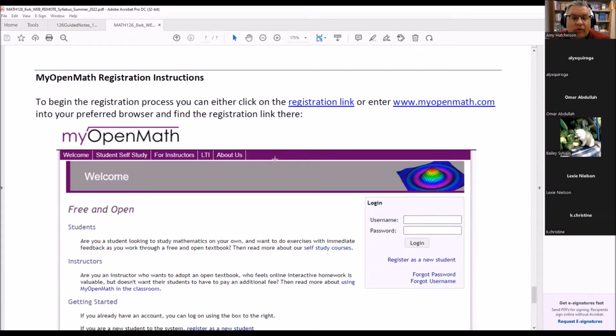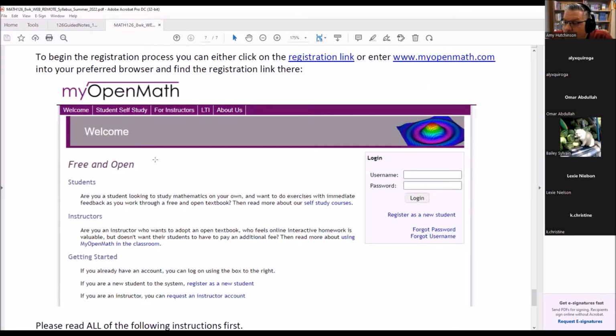Whether you're in Web Remote or DE, they have different course IDs, so as long as you log into your course or look at your email, you'll be guaranteed to be in the right section.